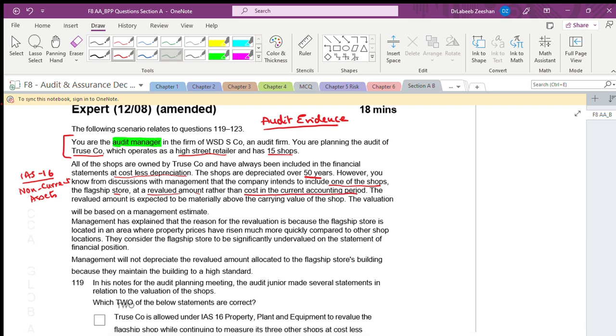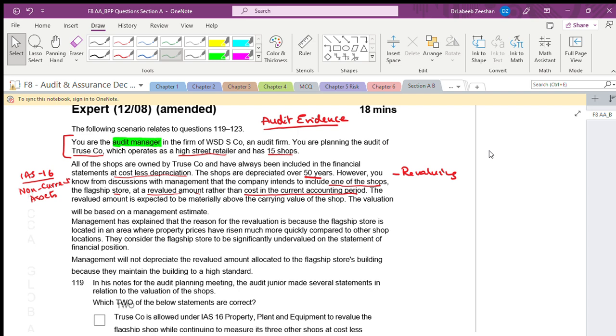The rule says that if you are revaluing any non-current asset, here we are talking about non-current assets, we should not revalue exclusively one asset.